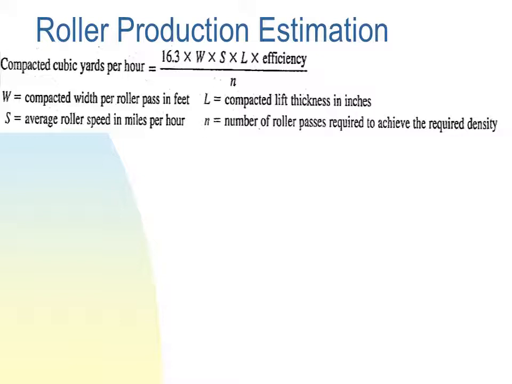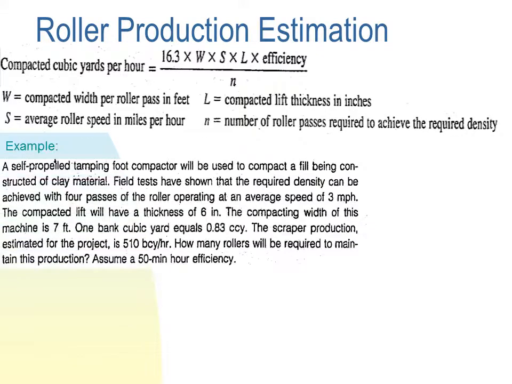However, this conversion factor, the 16.3 here, is included in that case because I'm using these units that are mentioned in the text. So if we take a nice example, a self-propelled tamping foot compactor will be used to compact a fill being constructed of clay material. Field tests showed that the required density can be achieved with 4 passes.